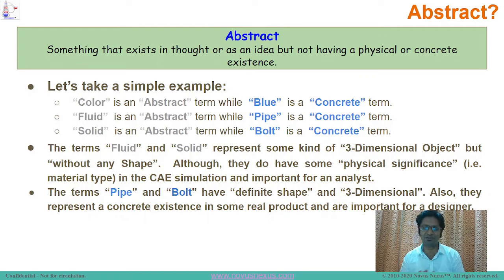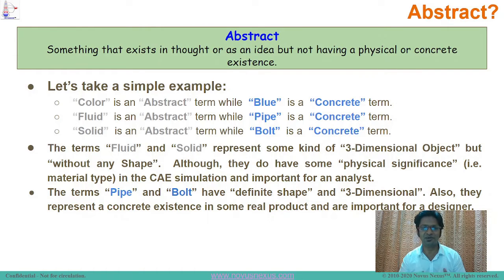Now let's think from the simulation point of view. When I say solid, the solid is an abstract term and it can represent any geometrical entity having three dimensions. But when I say board, then I'm talking about a particular geometrical entity which has a 3D dimension and some particular shape.